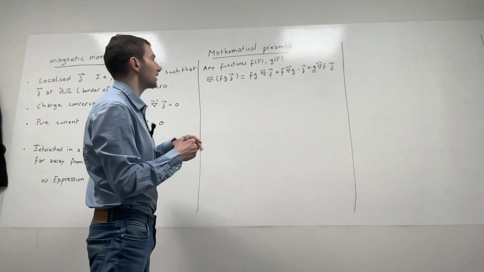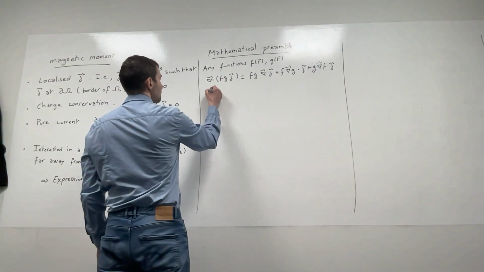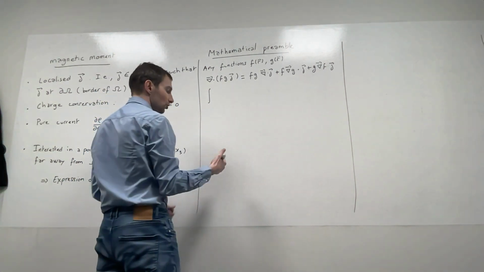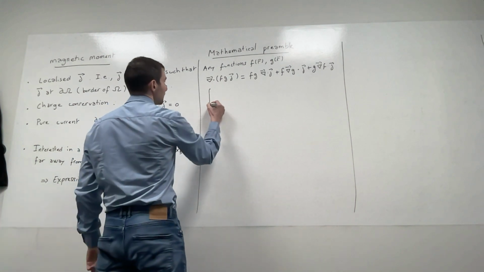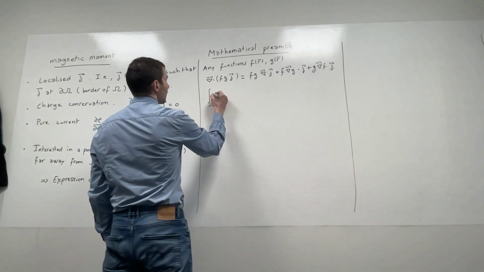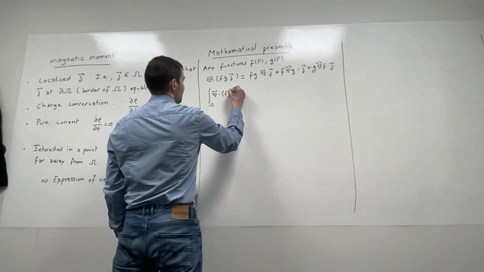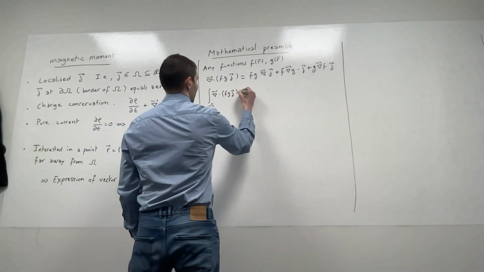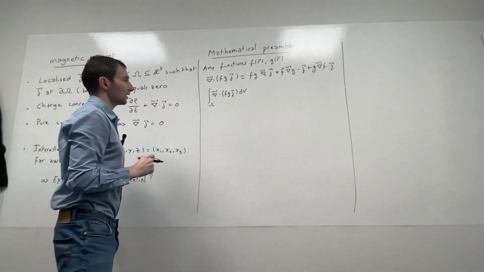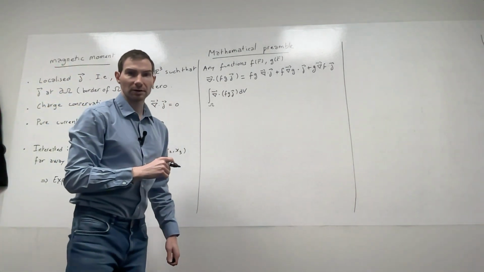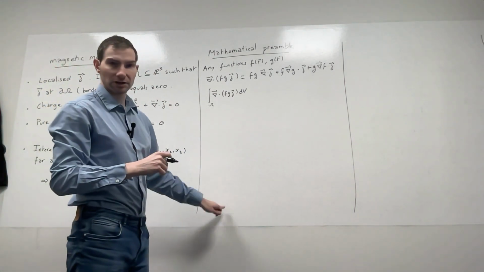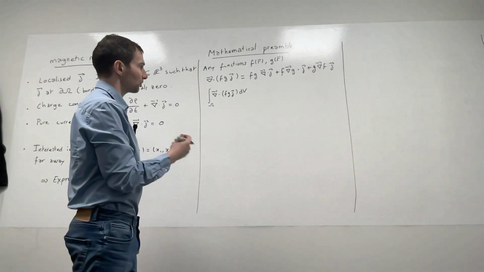So one of the things here is that if I look at the integral over omega of the divergence of fgj, dV, I hope you can see, because I know that there are plenty of things coming up, so that's why I don't write too big.